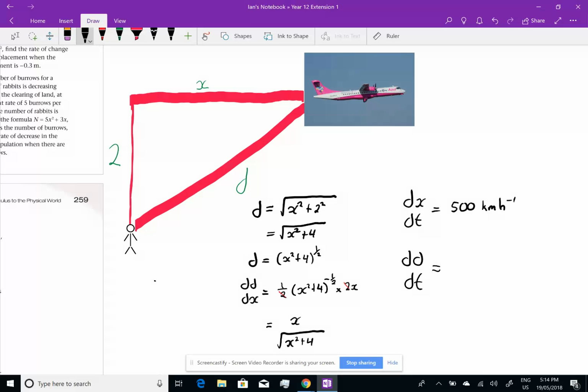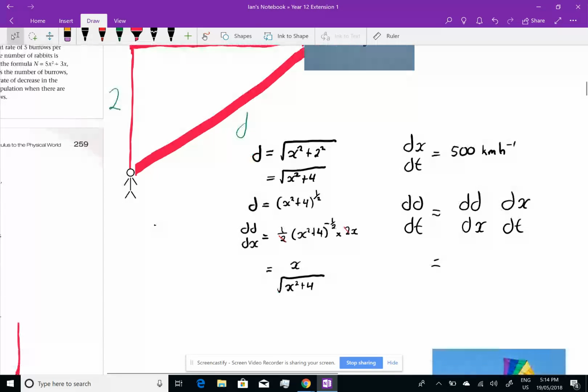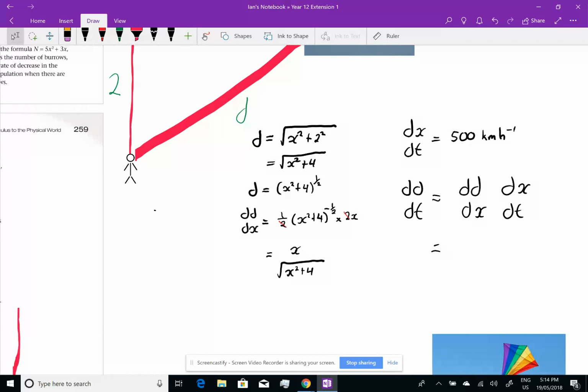I've got all the information I need because I've got dD/dx and dx/dt, and I can just use the chain rule. So dD/dx is x on the square root of x squared plus 4, times dx/dt, which is 500.